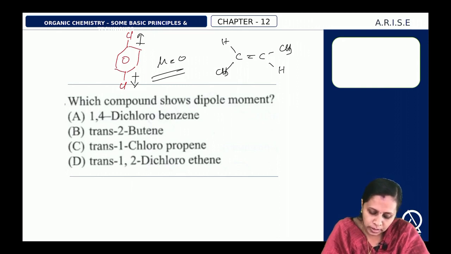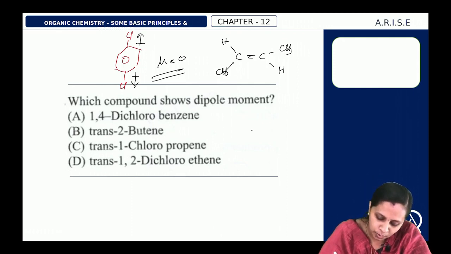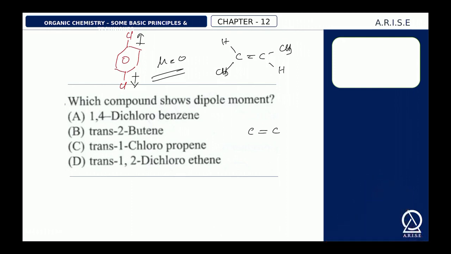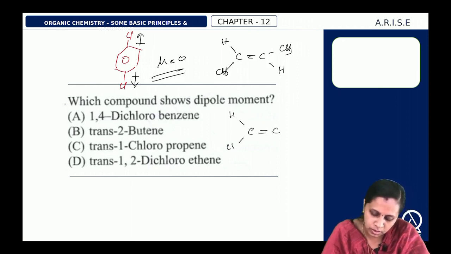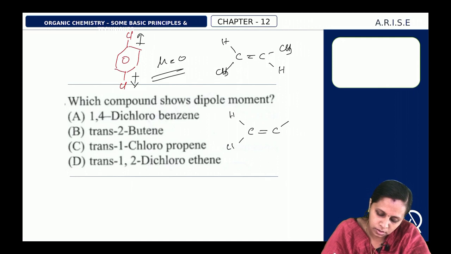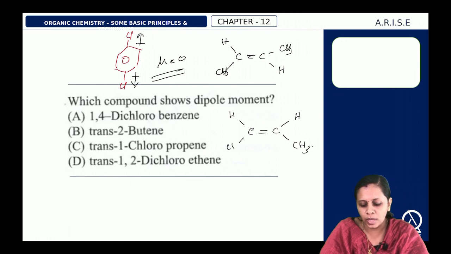Then trans 1-chloropropene. So let us consider this one, whether this trans has a dipole moment or not. C double bond C, Cl, H, CH3.